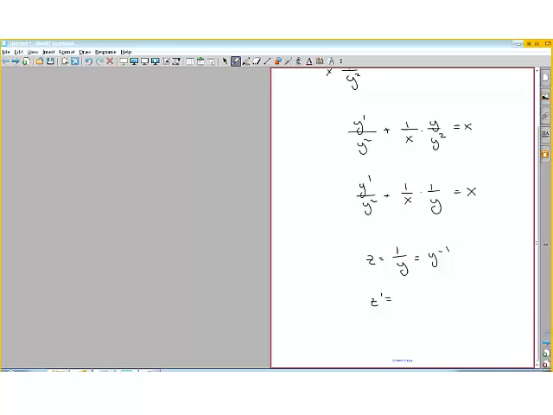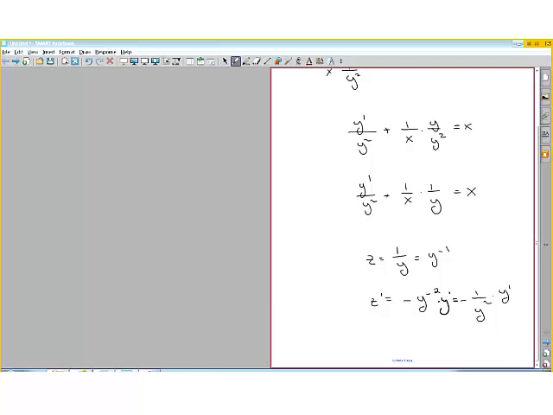So when you take the derivative of this with respect to x, what you'll get is negative 1 times y to the minus 2 power, which is the same as negative 1 over y squared times y prime. Okay, because it's an implicit differentiation, because this is y with respect to x, so I have to have this implicit term on the end of it.